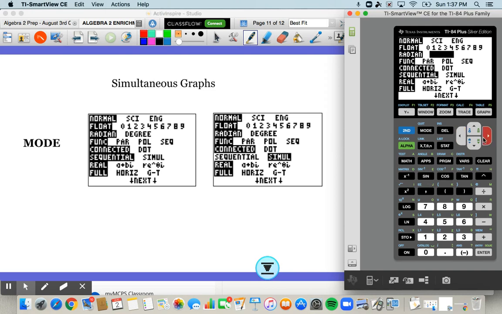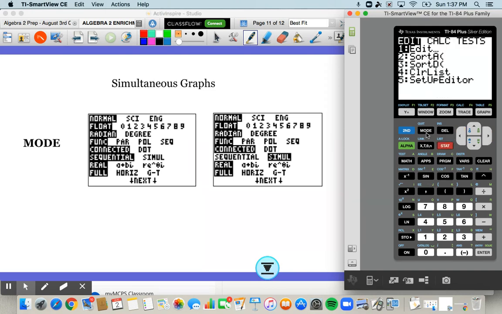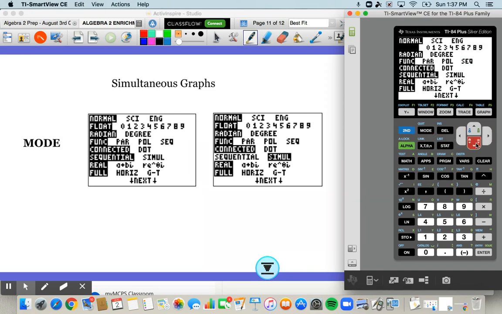Your calculator defaults to radians. We work with this a lot in pre-cal: functions, parametrics, polars. You can even graph real and imaginary. There's a lot of stuff. I would play around with the mode and see what these different things do to a graph.